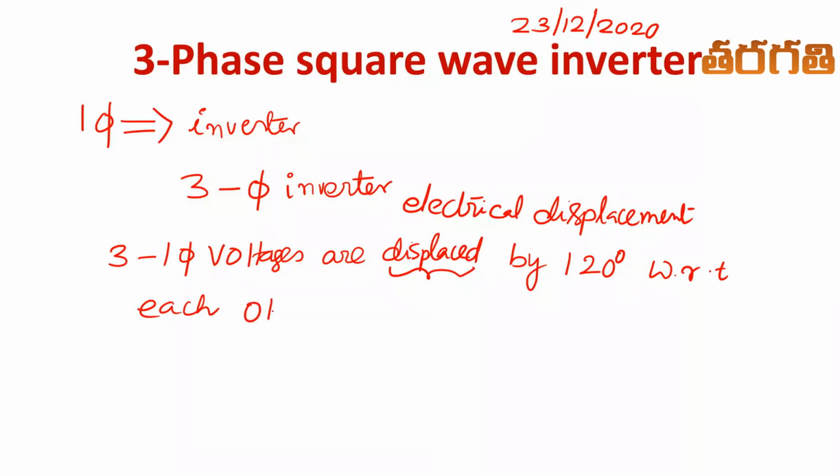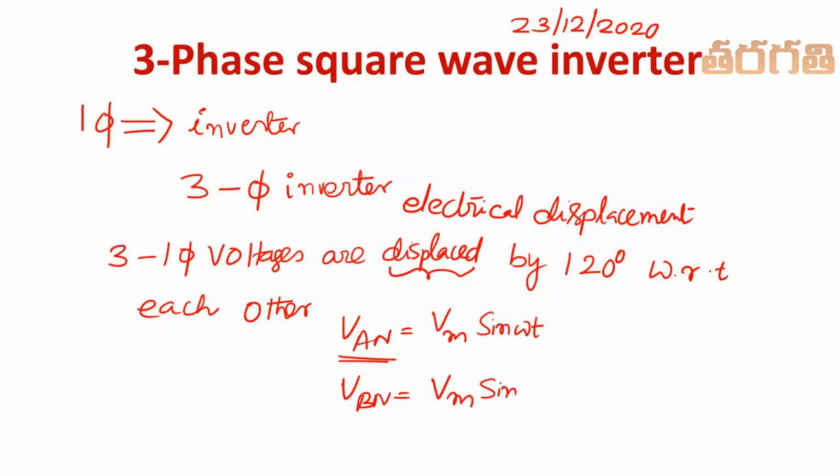That means VAN is Vm sin omega t. VAN is the phase voltage of A phase. Then VBN is also equal to Vm sin omega t, because it is a sinusoidal voltage, but it is lagging behind the A phase voltage by 120 degrees.